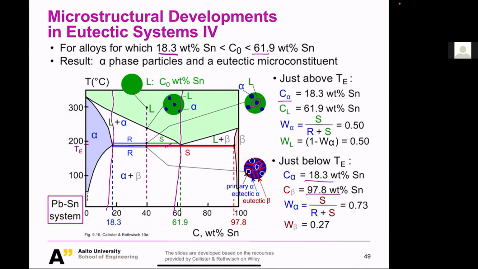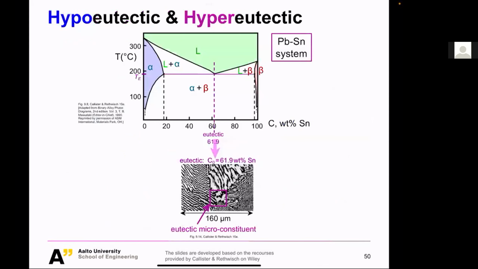And the volume fraction will also change, because you have to use the lever rule again. At this moment, your lever rule is starting from R here, and the S is directly going to your beta phase. We're going to elaborate on this a little bit more in the next figure when we talk about the iron and carbon diagram. But remember, this is something unique.